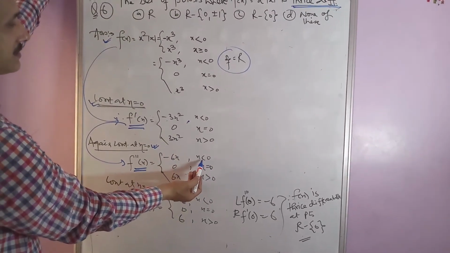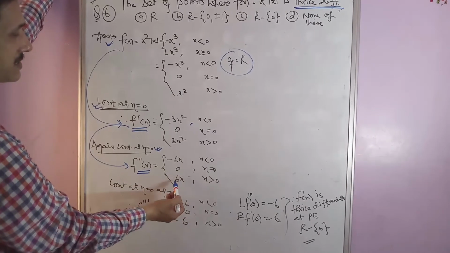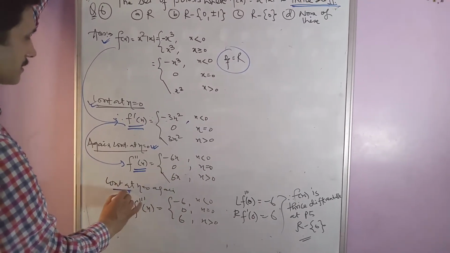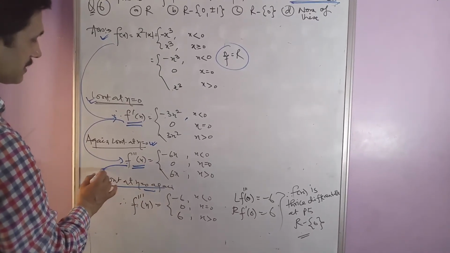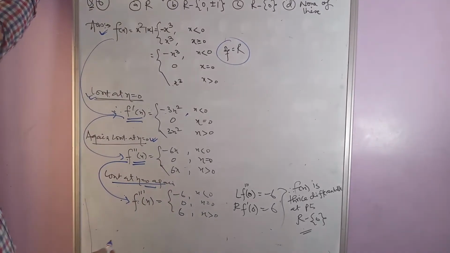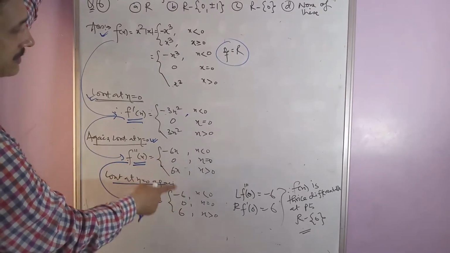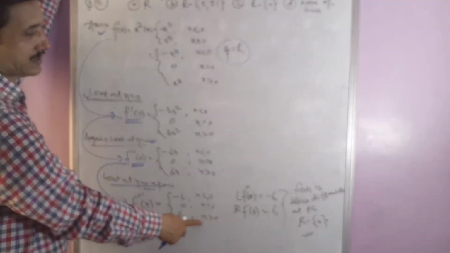When x is less than 0, the left hand limit is minus 6 into 0, 0, and the right hand limit is 6 into 0, 0, and the value is again 0. So continuous at 0 again. Differentiating this f double dash x again: minus 6 when x less than 0, 0 when x equal to 0, and 6 when x greater than 0.